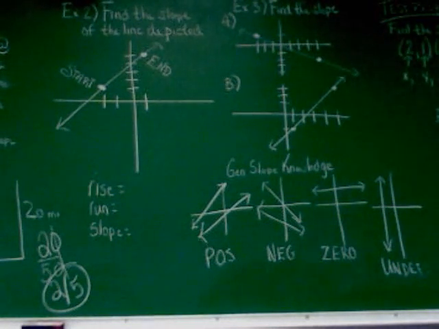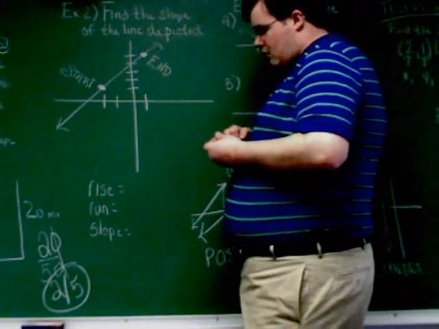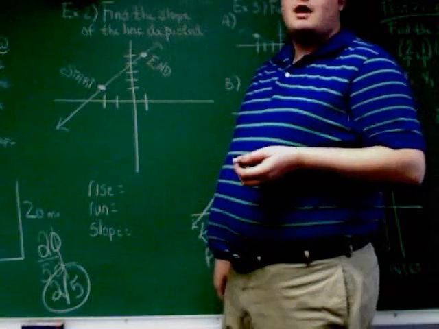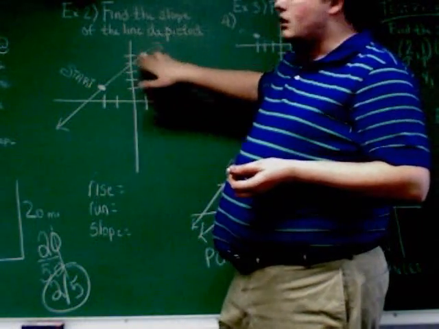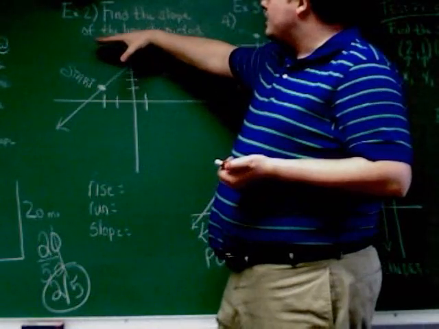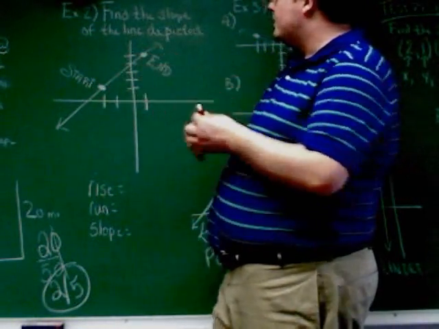Okay, so we're supposed to, in example 2, find the slope of the line depicted here. So, again, we always start at the leftmost point and work to the rightmost point. First thing I have to find is the rise. So how much I have to go up to get from here to here?